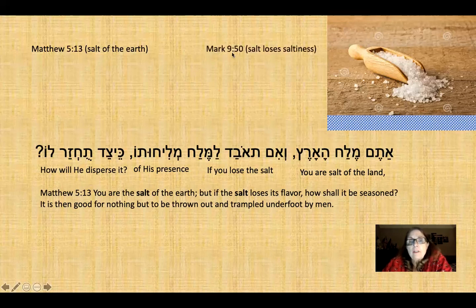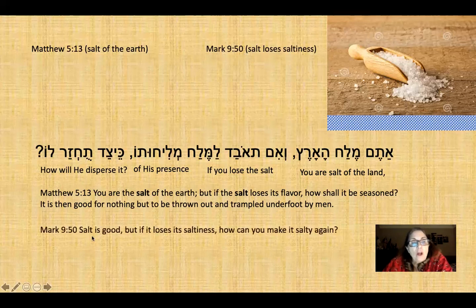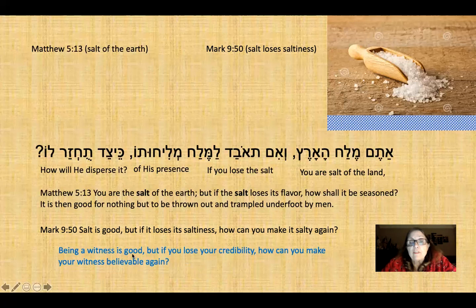Then we have Mark 9:50, salt loses saltiness. Salt is good, but if it loses its saltiness, how can you make it salty again? When you think of the fact that salt is our testimony, when we have the presence of the Lord, we have his testimony. Being a witness is good. That's what we're supposed to be. We are witnesses for him. We are the salt that seasons the land.